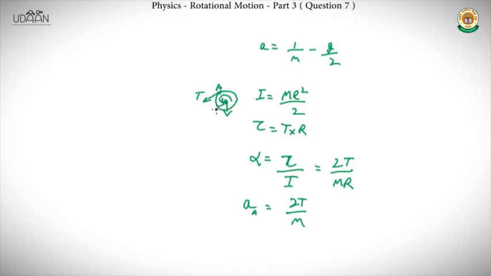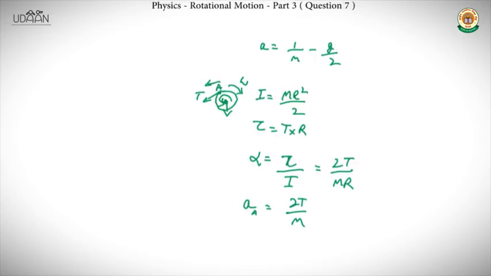However, since the body is moving up, as said in the question, this drum is rotating in this direction, omega. So the acceleration of this point, we know now, is in this direction, 2T by m.